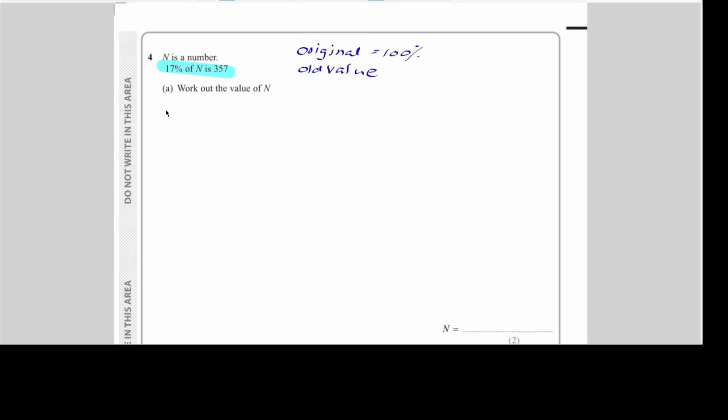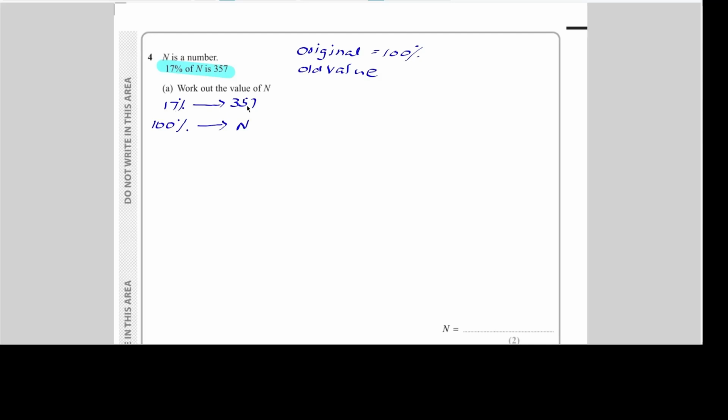So we can write that 17% represents 357 because it is given in the question. You need to get what n is. N means 100%, right? So I can write 100% is represented by n.